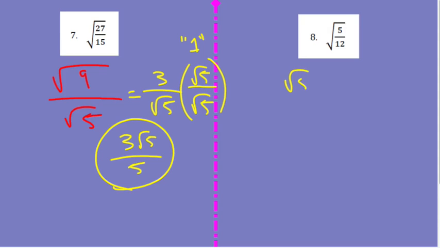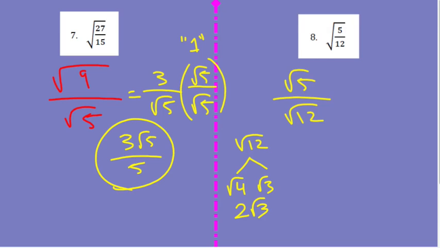5 over 12 can't be simplified, so I've got to go to 5 over square root of 12. Square root of 12, however, can be simplified. Square root of 4 times square root of 3, so that's 2 square root of 3. You guys might have remembered that from one of the first problems we did. So do I really need to multiply by square root of 12?